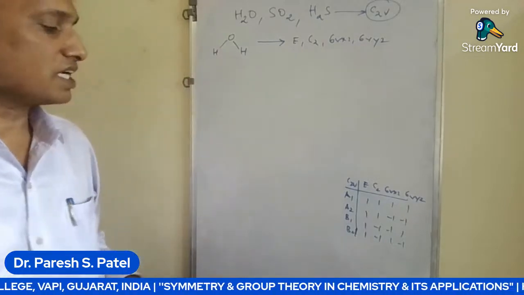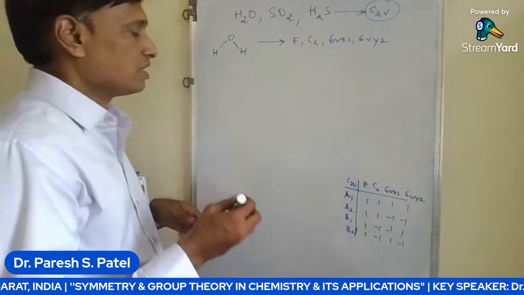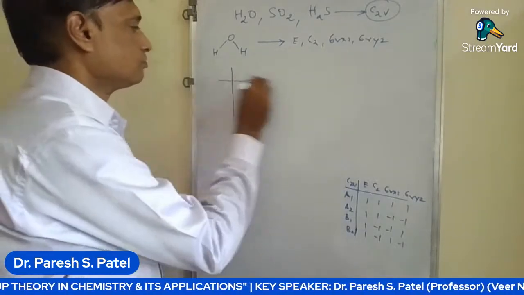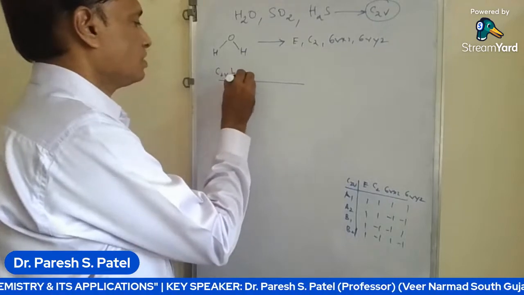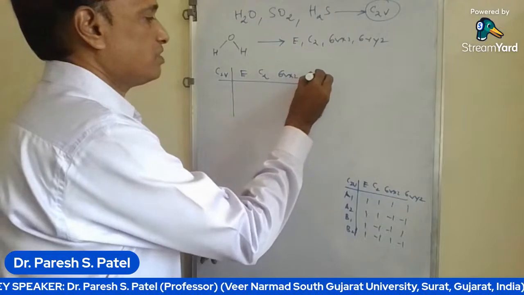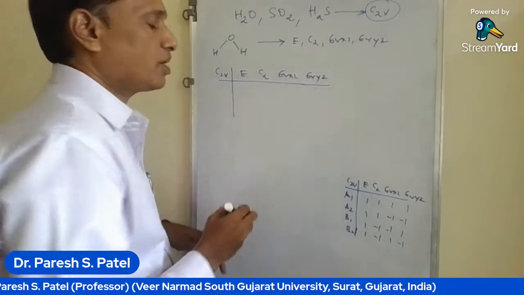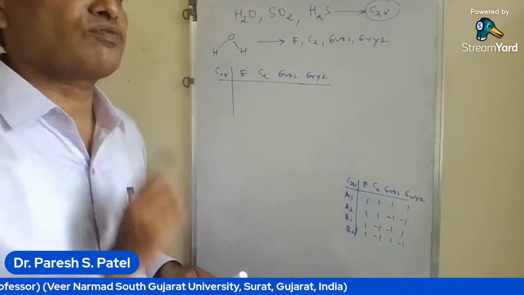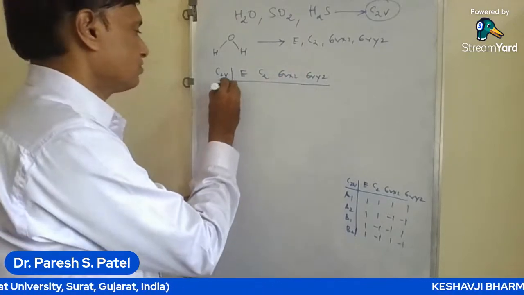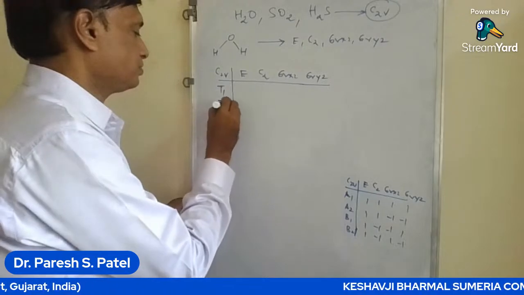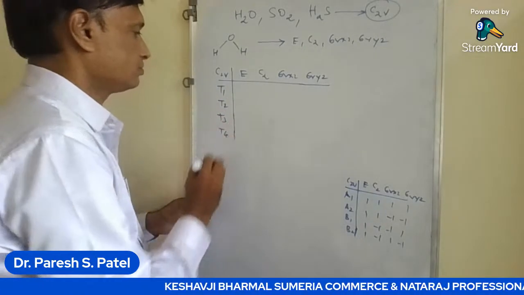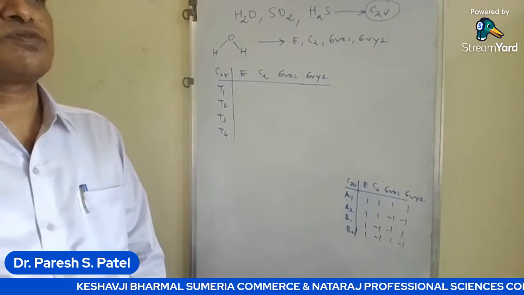Here, the number of classes is equal to 4. So according to rule number first, the number of irreducible representations is equal to the number of classes. So we can go for T1, T2, T3, T4. This is rule number first.